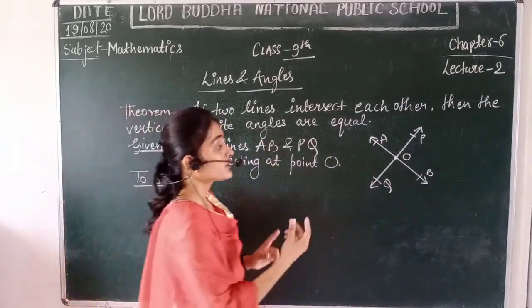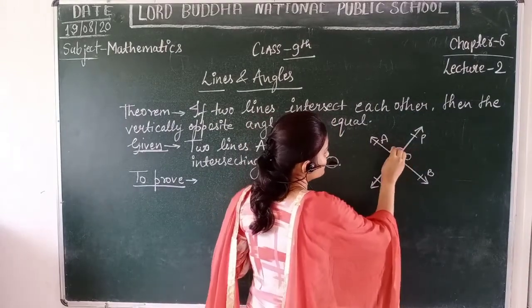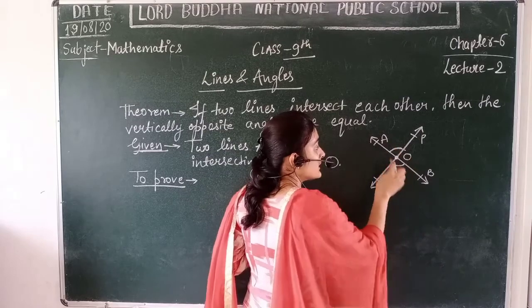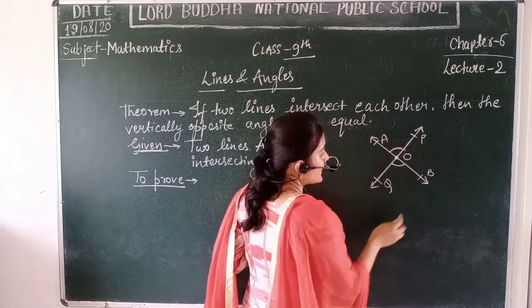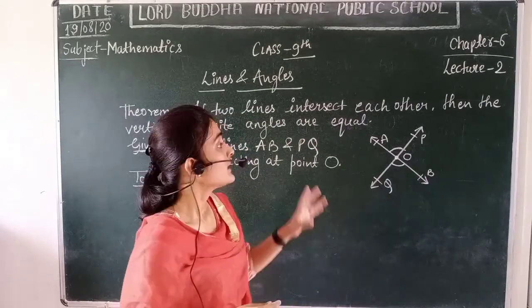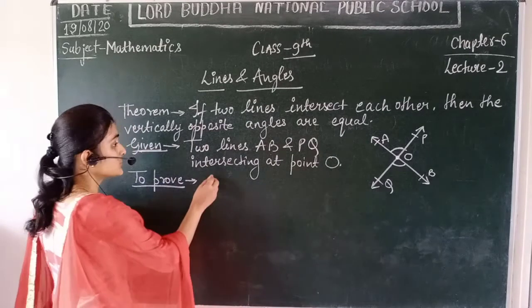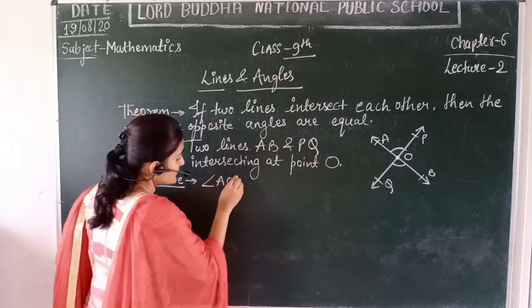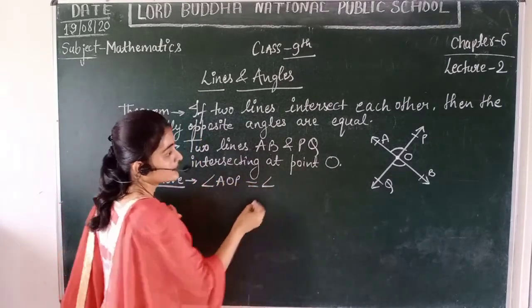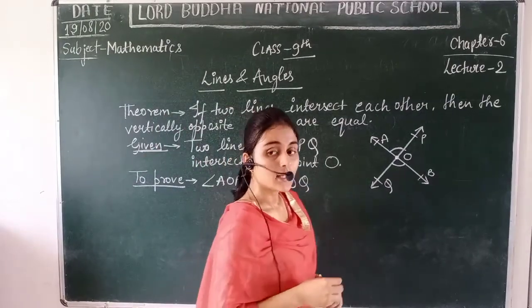So let's see what are the vertically opposite angles in this figure. This one and this one. Angle AOP and angle BOQ. Both are vertically opposite angles, and we have to prove that they are equal, right? So we have to prove that angle AOP is equal to angle BOQ. There is another pair of vertically opposite angles.